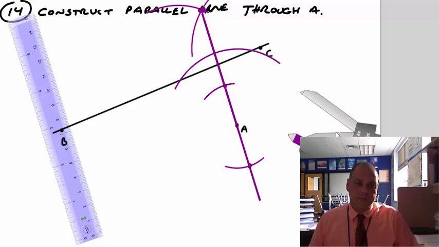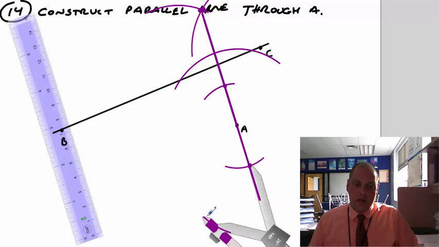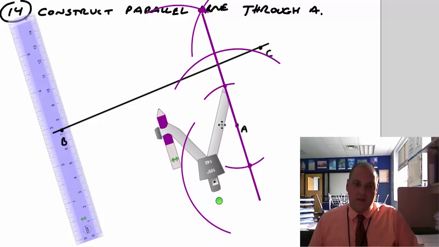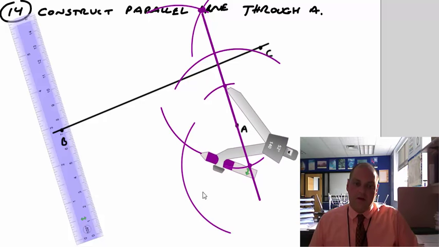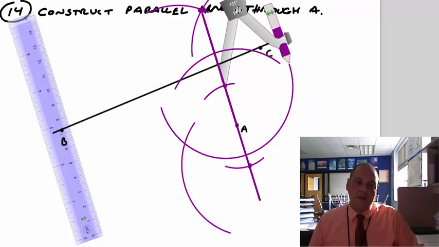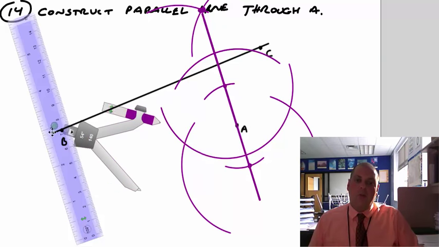From there, put your compass point on those points, open up the arc, and make an arc down here, and then make the exact same arc intersecting that right there. And then you could even go further. You can go the other side from the other point there. Okay, you can go both sides.